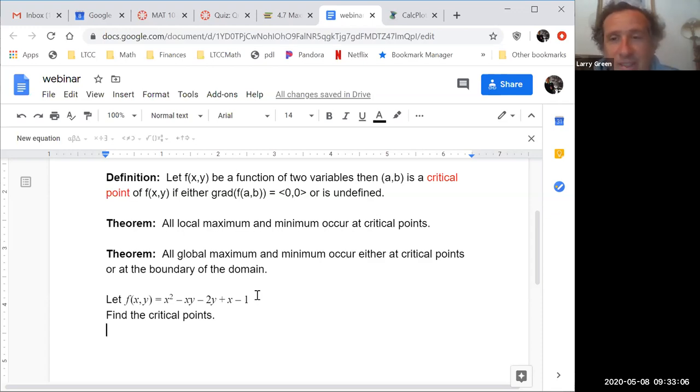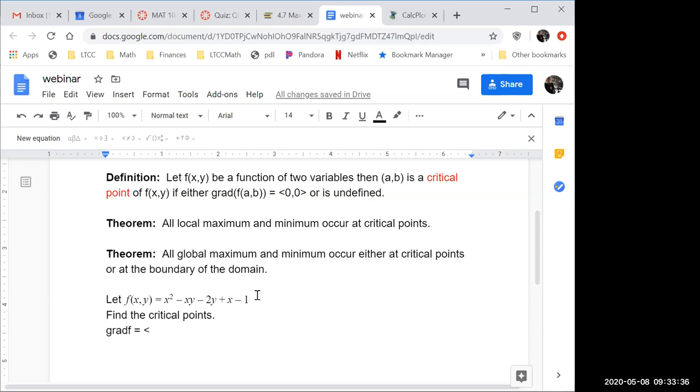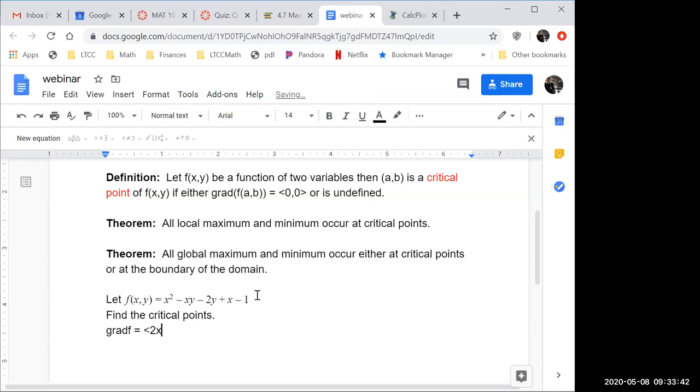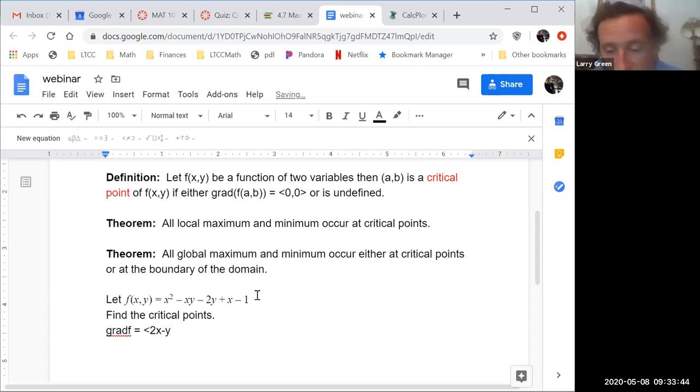So the first thing we're going to do is find the gradient. So grad of f is equal to. What's the first coordinate of the gradient of f? f_x, yeah, which is 2x minus y plus 1.